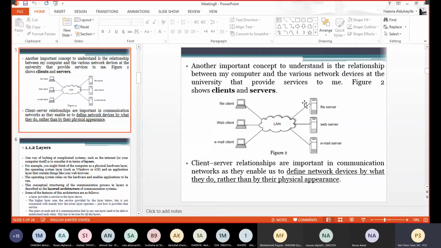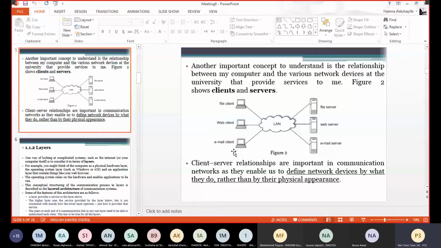You can send files to and get them from a file server, like a cloud, if you think of it like a cloud. And a web client connects to the web server, where all the websites are stored. You get the website through the LAN. And also to check the email, you need an email server on one side and the email client, your email box, on the other side.